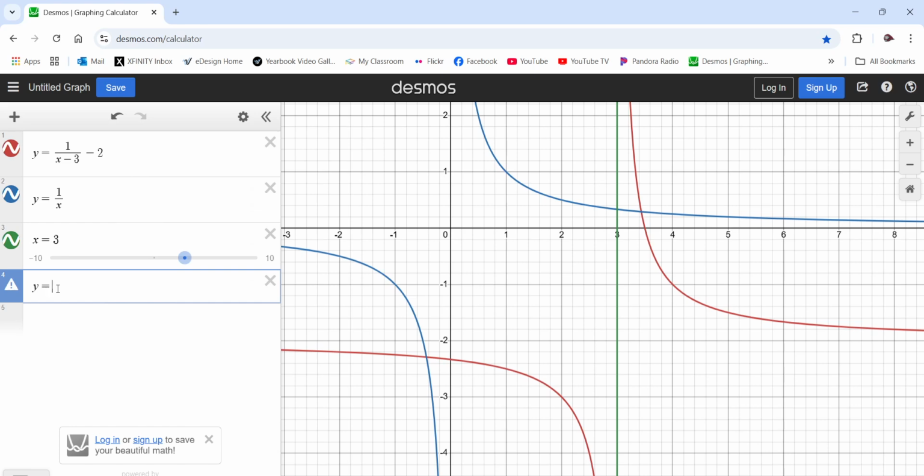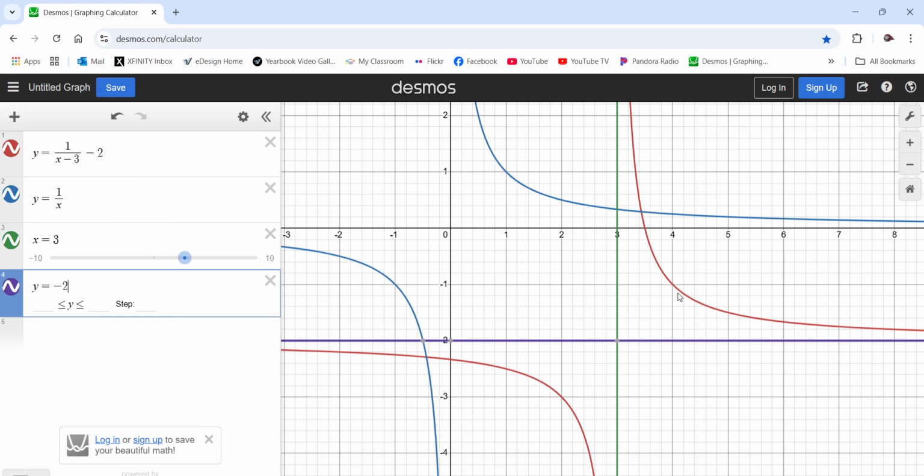What would the horizontal asymptote be if I move that blue one to the right 3 places and down 2 places? Look at the red one. It gets really, really close to -2 but never hits it. So if I write y equals -2, see that?